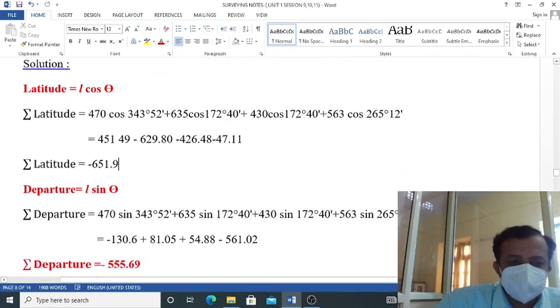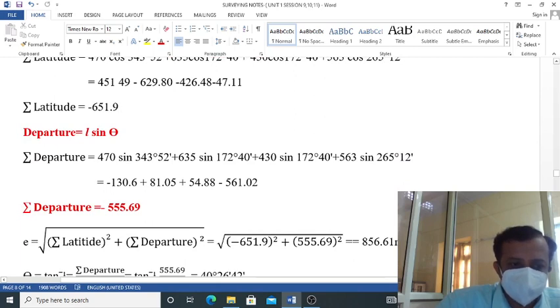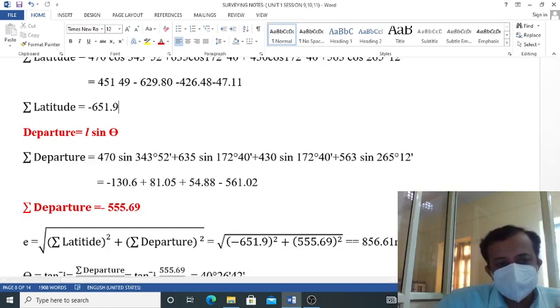Similarly, find out sigma departure. Departure is given by L sin theta, that is 470 into sine of that line's bearing, and so on. Understood? If you do the sum, sigma departure is minus 555.69.